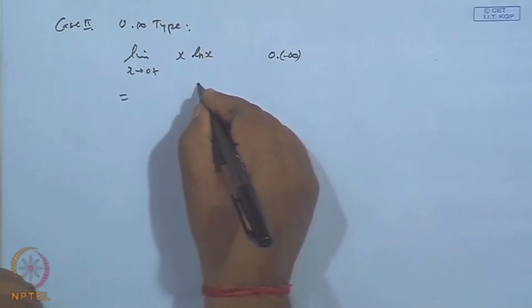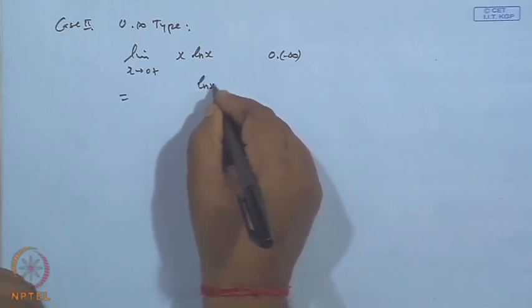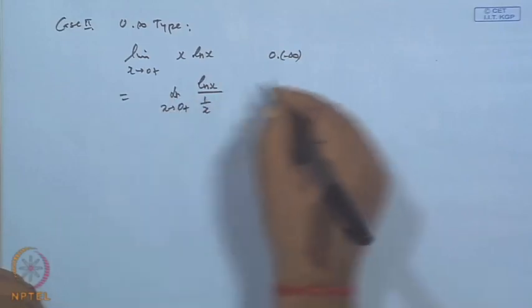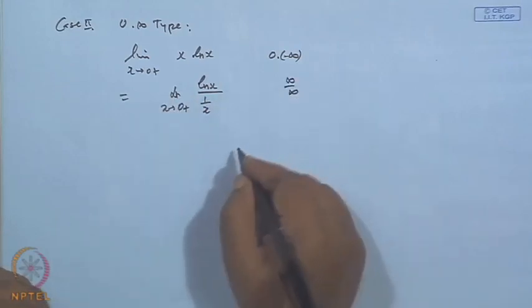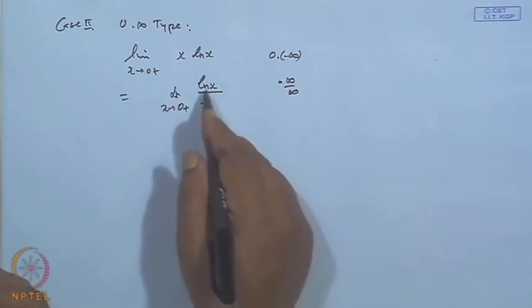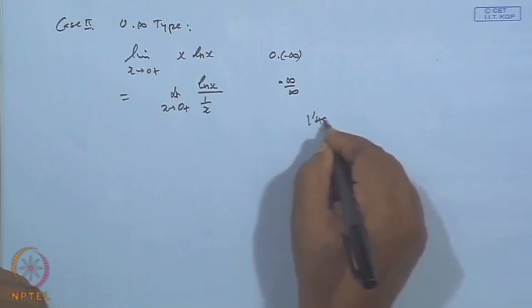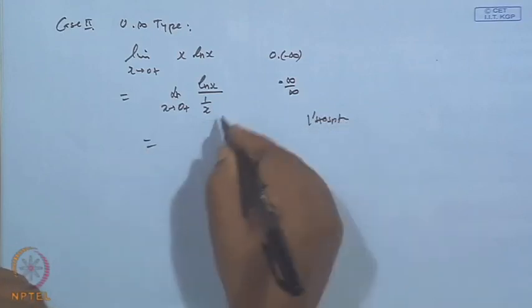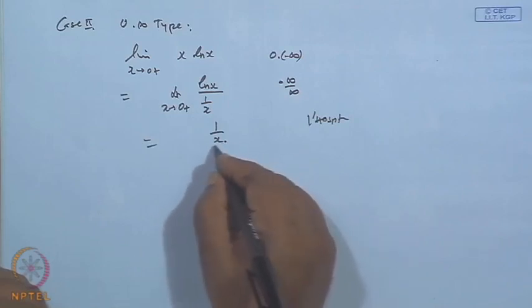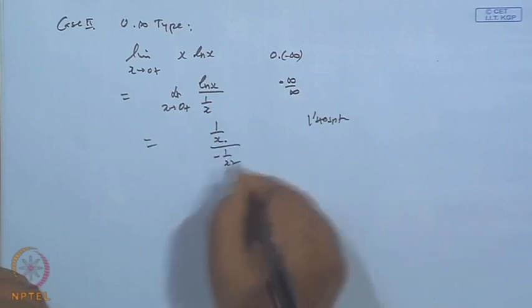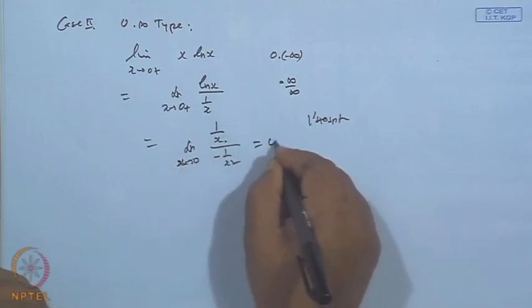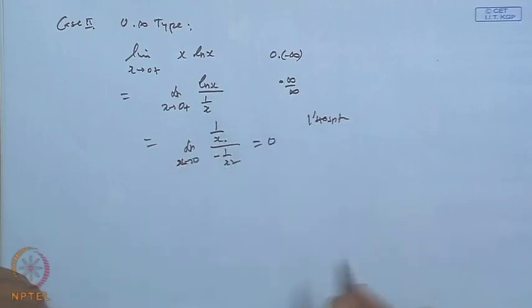If I take ln x divided by 1 by x as x tends to 0 plus, then it is infinity by infinity type. Of course, the minus sign makes no difference. Then apply L'Hospital's rule. We get 1 by x in the numerator and minus 1 by x square in the denominator as x tends to 0, and then you get the value 0.